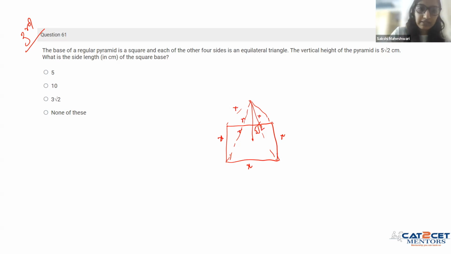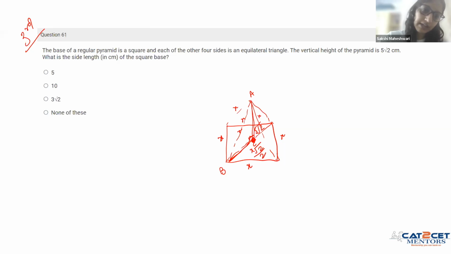Now if you imagine, this will be a right angle triangle. Like this, for example, this is A, B, C. When you consider this base C, for a square, this will be the meeting point of the diagonals. This diagonal will be x root 2 and this one will be x root 2 by 2, right?